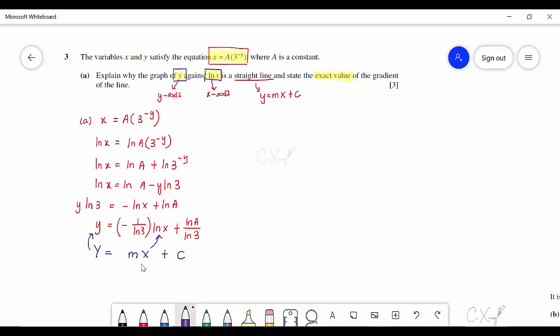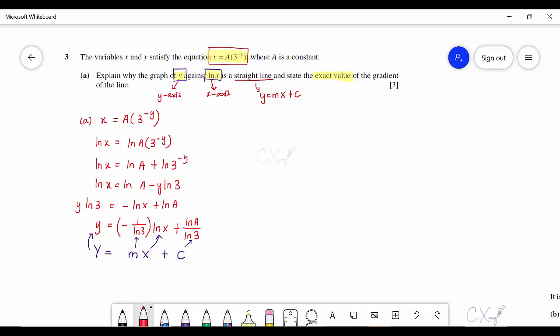So from here you can see that your y-axis is y, your x-axis is ln x. Therefore, this equation completely matches the equation y equals mx plus c. All right, so this is how you prove it.